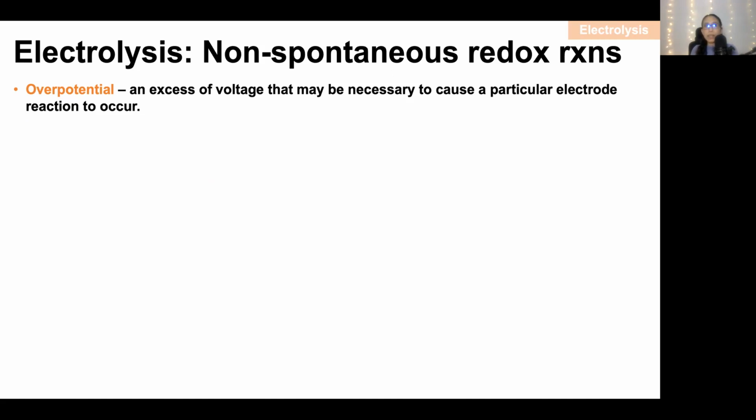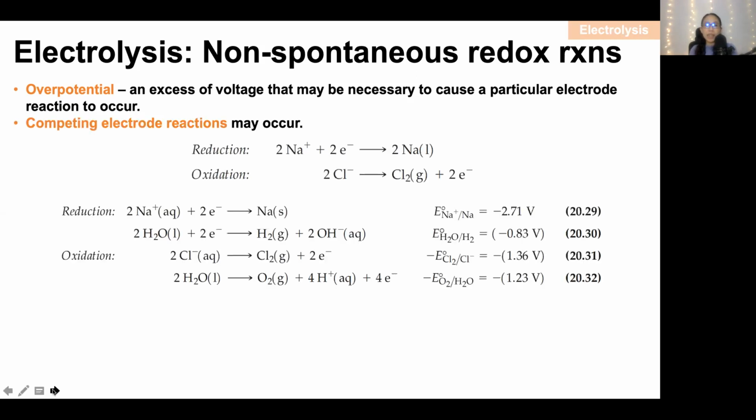Because since gases are relatively mobile, they have a greater distance between the electrode of your cell, right? Because they are gases. So you have to provide this additional potential just for the gases to have considerable interaction with your electrode. Hence, it will assist your electrolytic reaction. That's your overpotential.